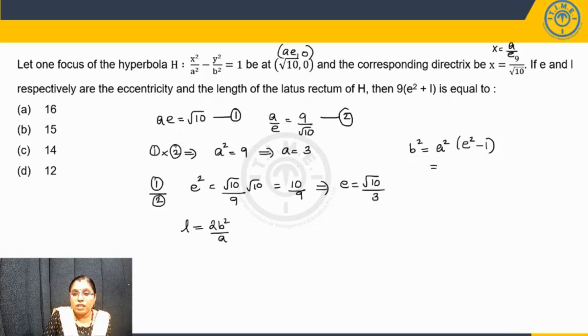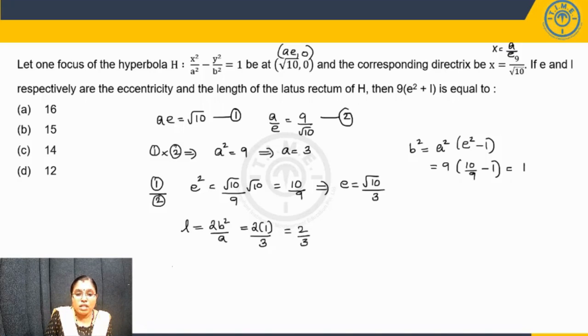So a² is 9 into e² is 10 by 9 minus 1. So 10 minus 9 by 9 is 1 by 9. So b² is 1. So we have L equal to 2 into 1 divided by 3, which is 2 by 3.